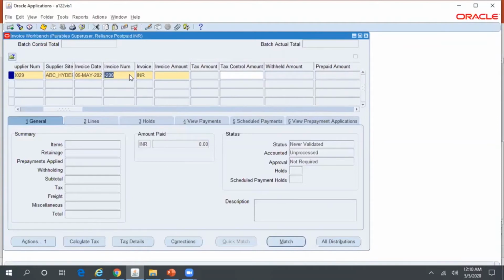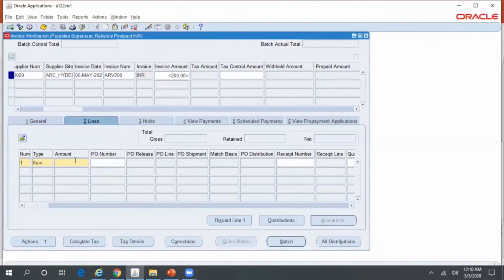Sorry, this is the invoice number. I'll just say ARV something, and then minus 200. Enter minus 200 in the lines, and then go to distributions.